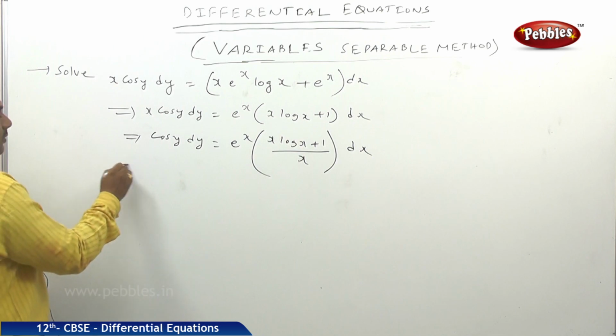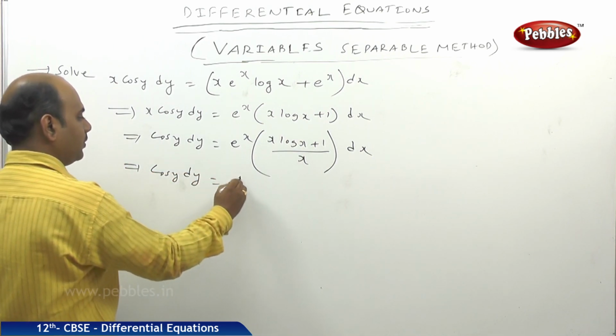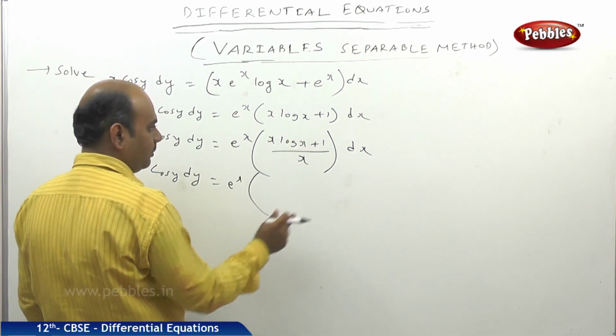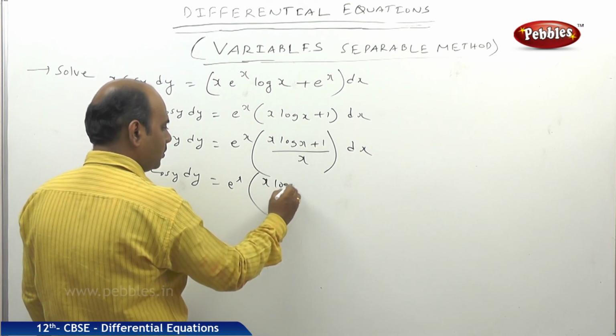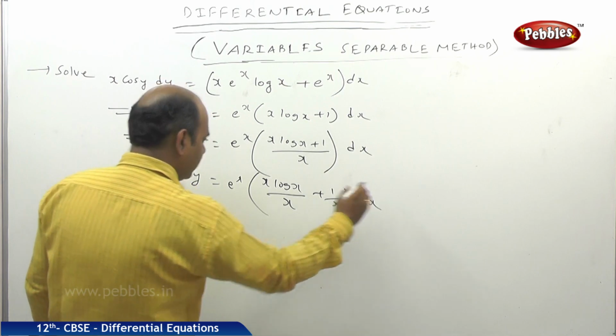So finally, cos y dy is equal to e power x into, a plus b by c is a by c plus b by c, so x into log x by x plus 1 by x dx.